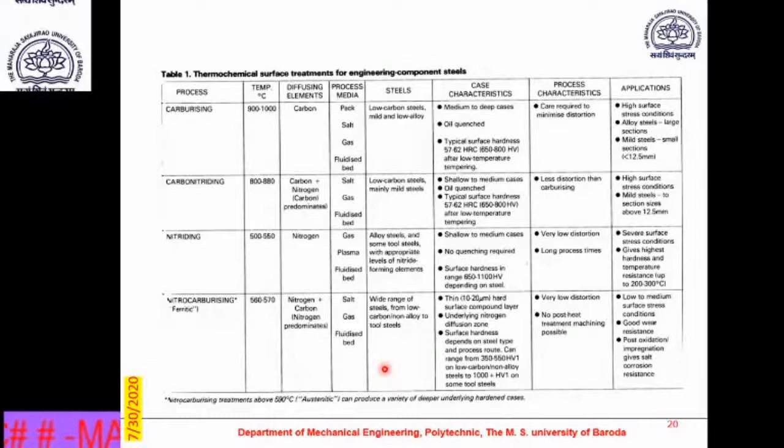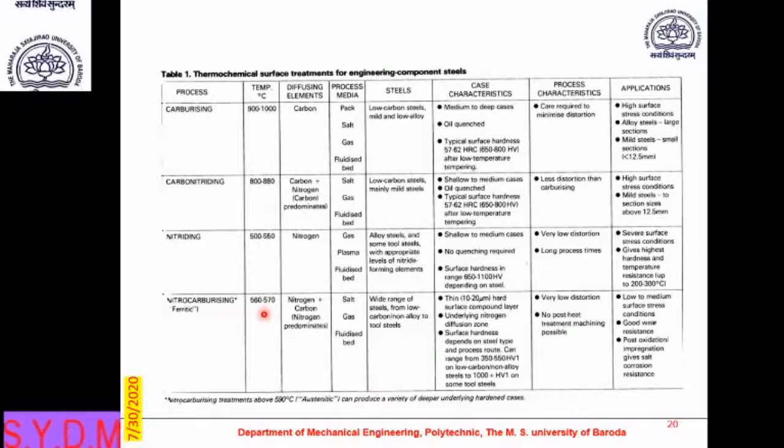Similarly, you have different characteristics and process parameters that are summarized for carbonitriding. I'll just look into temperature, other things can be read out. The temperature for carburizing is 900 to 1000 degrees, carbonitriding 800 to 900 degrees, nitriding 500 to 550 degrees centigrade, and nitrocarburizing, which is used for ferritic steels only, is 500 to 560-570.